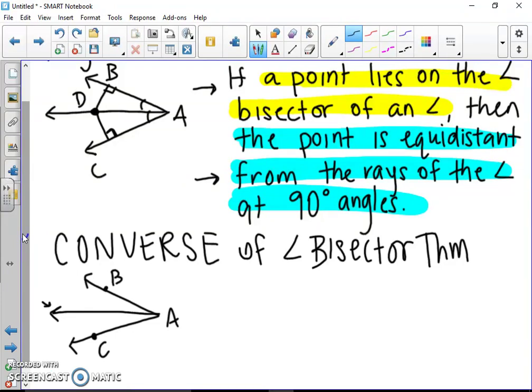And we're going to go opposite, okay? And then on that line, we'll put point D, okay?